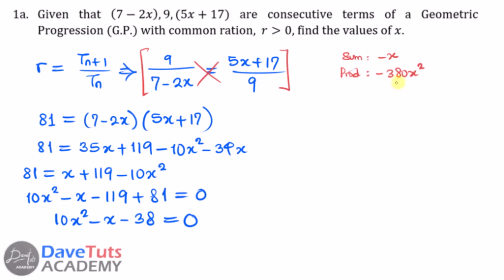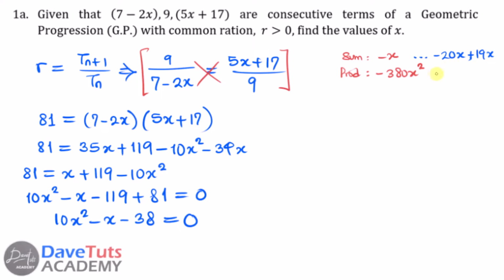Okay, now for 380x squared, coming here 10 and 38, what if I take 2 from 38 and bring it to 10? That will be 20. Then 38 will be remaining 19. So I can imagine that I have minus 20x and 19x. And of course, look at this. If I add these two, that would definitely be minus x.